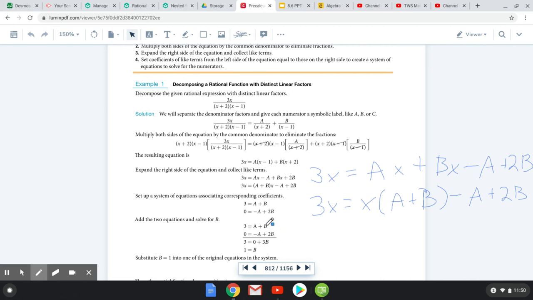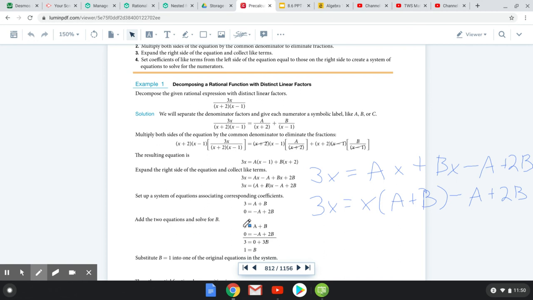And then we're going to use elimination to solve for A and B. We already have A and negative A, so we can just add those together, which will get rid of A. So we end up with 3 on this side, 3B on this side. If we divide by 3, we end up with B equals 1. So we're just solving it like a system of equations.